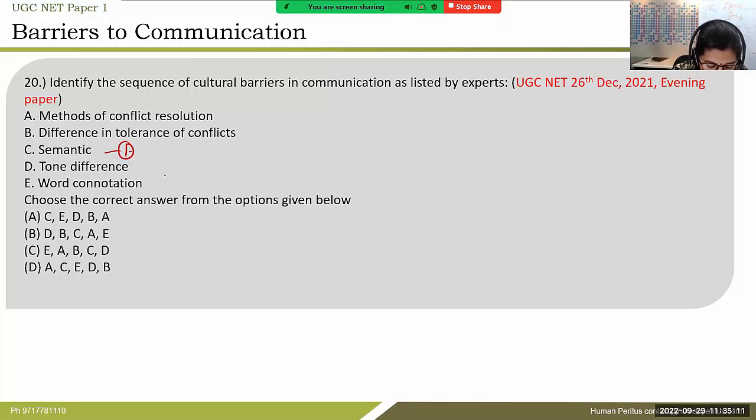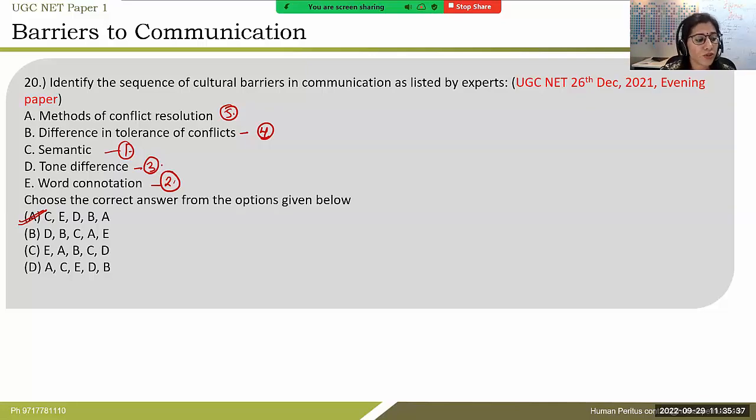First is semantic. Next is word connotation. Third is tone differences. Then comes differences in tolerance of conflicts. And the last one is methods of conflict resolution. So this is the sequence of cultural barriers given by various experts. So here, C, E, D, B, A, which is option number A, is the correct option.